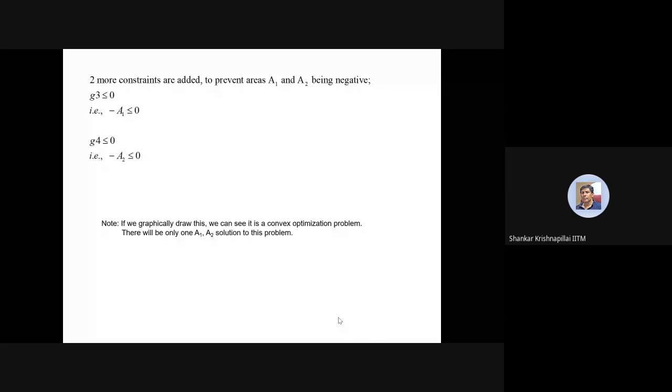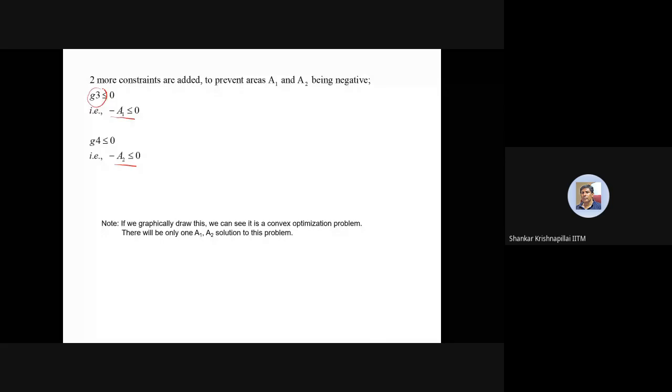So to prevent that, we say that minus A1 should be less than or equal to 0, or A1 is greater than or equal to 0. Then minus A2 is less than or equal to 0, or A2 is greater than or equal to 0. So these are the constraints G3 and G4.